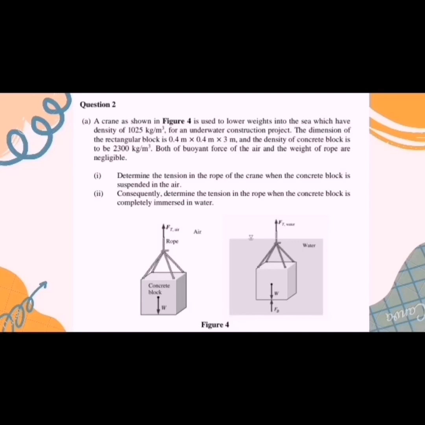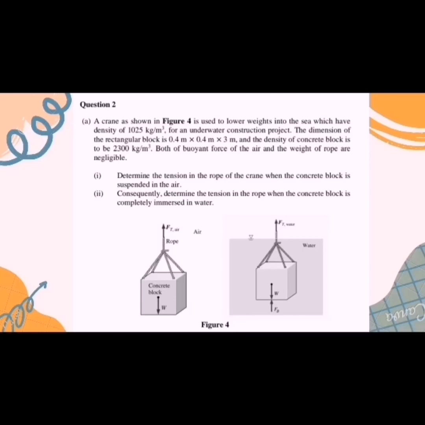Question 2a(i) is to determine the tension in the rope of the crane when the concrete block is suspended in the air. Question 2a(ii) is to determine the tension in the rope when the concrete block is completely immersed in water.